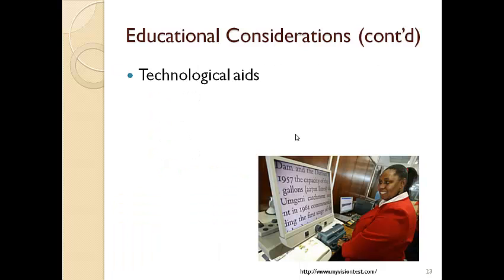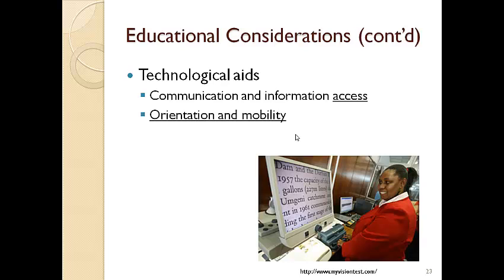The infusion of technology has created advances for persons with visual impairments in two general areas, right? First of all, communication and information access has become easier for them than before, because they can access large print through the software available. And then orientation and mobility has also improved for them.